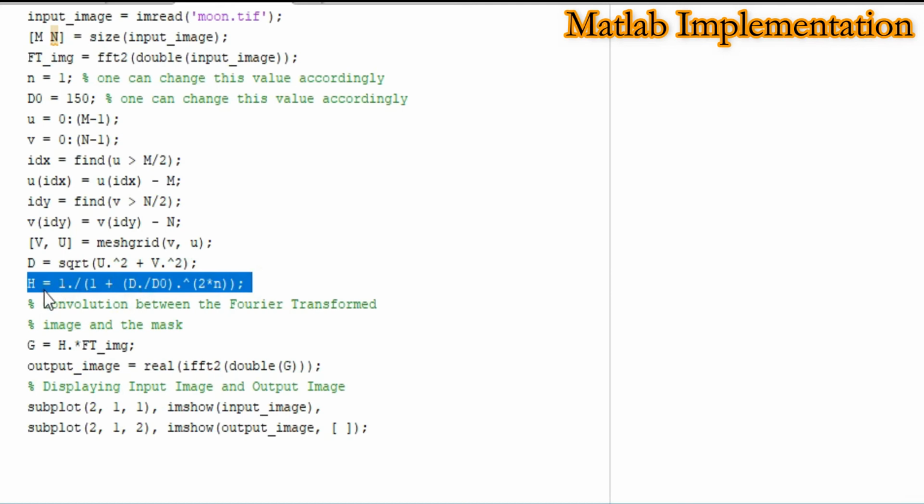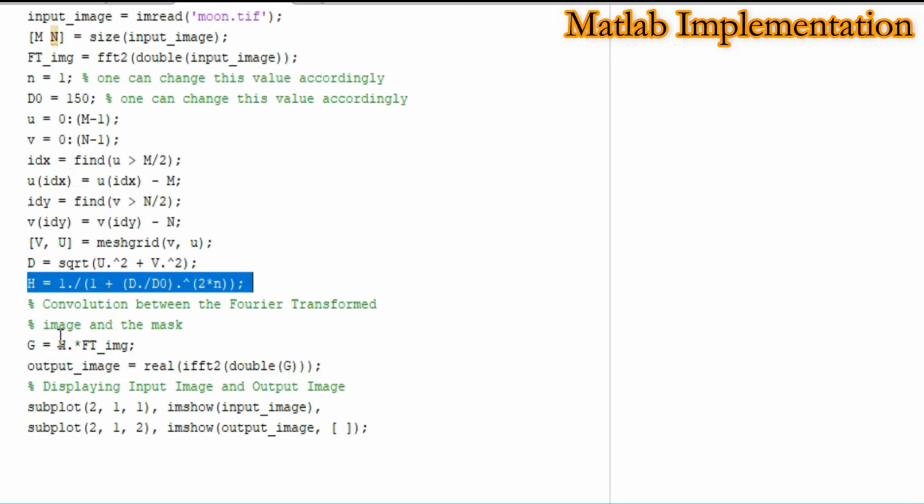After finding H, we multiply H with F. The basic model of filtering is G of u comma v equal to H of u comma v into F of u comma v. So G is equal to H into the FT of the image, and the FT of the image is F of u comma v.